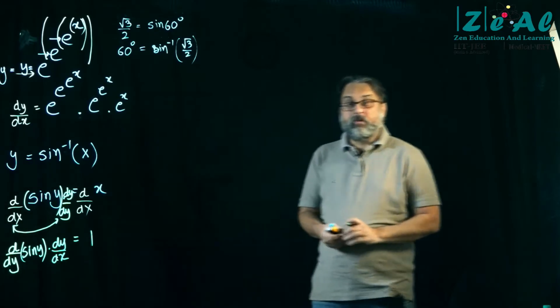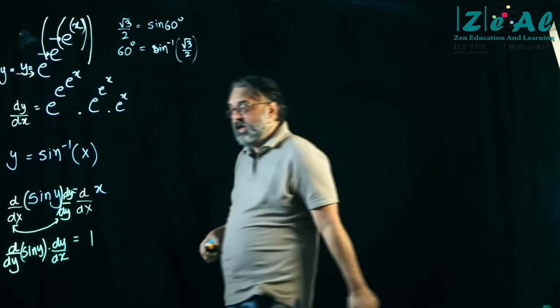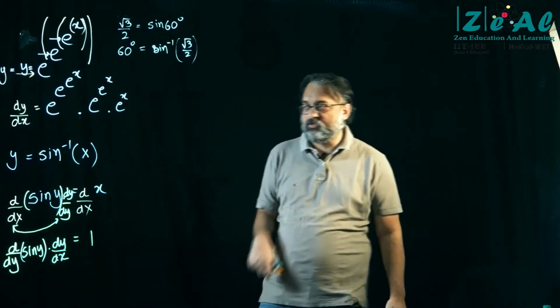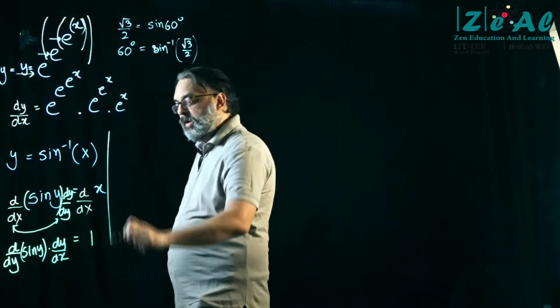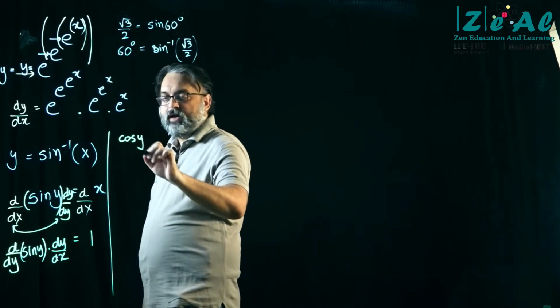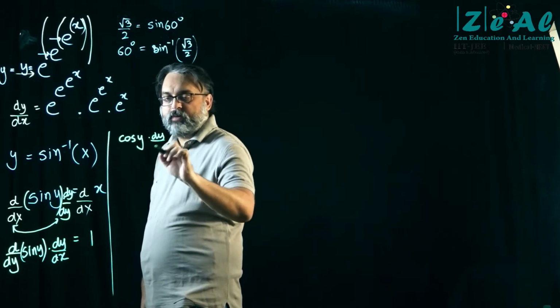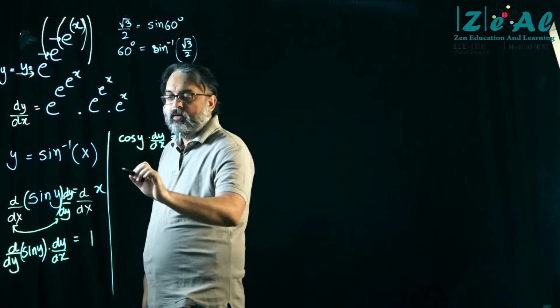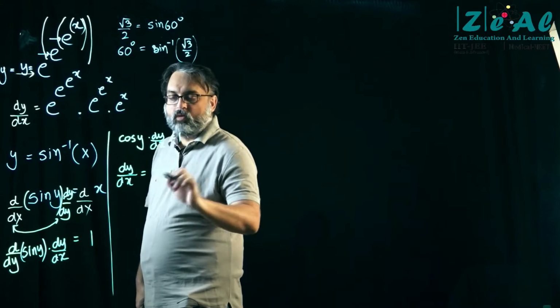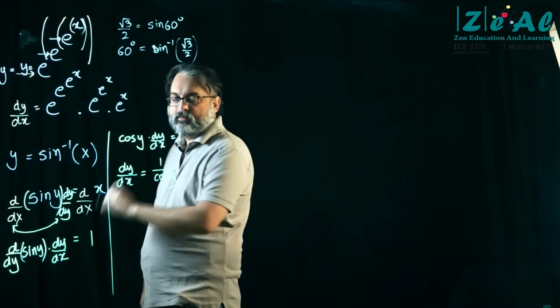But now I know the value of d by dy of sine y. This is known to me. So I will get cosine y into dy by dx is equal to 1. So dy by dx is equal to 1 over cosine y.